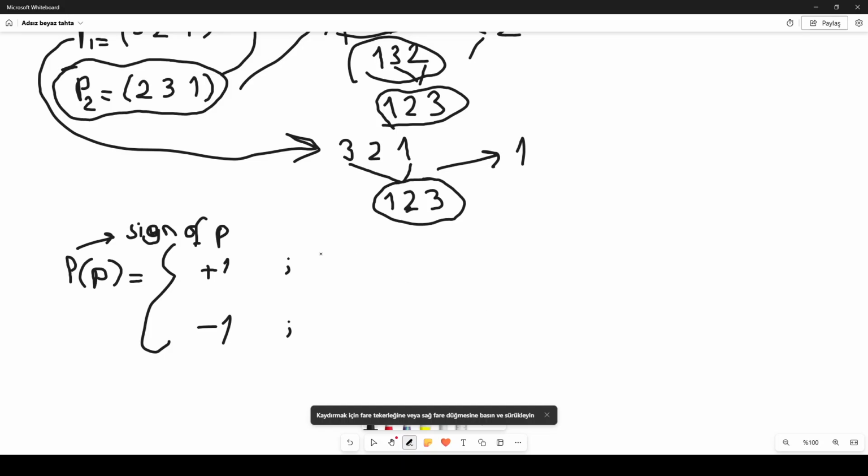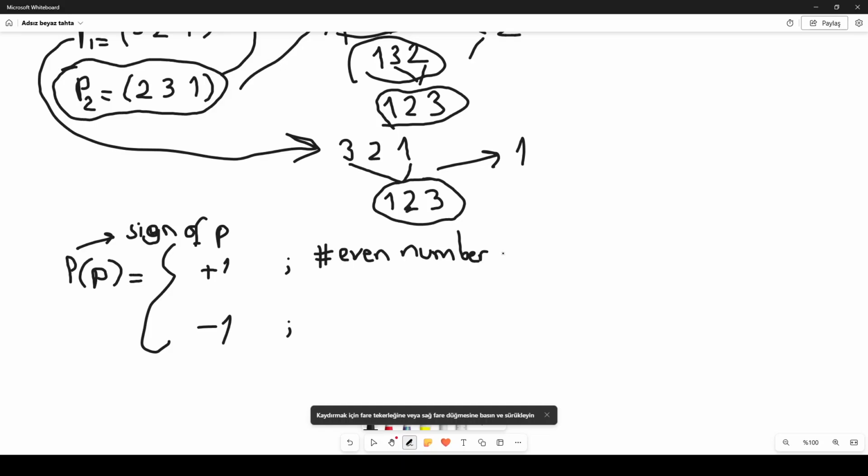And what is the definition? If the number of swap operations to restore the permutation that has a natural ordering is an even number, then it has the value +1.